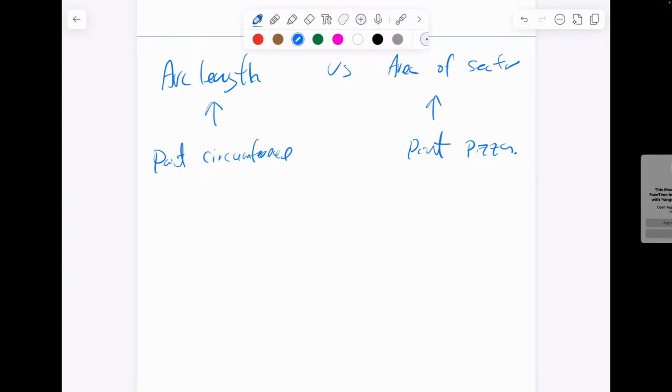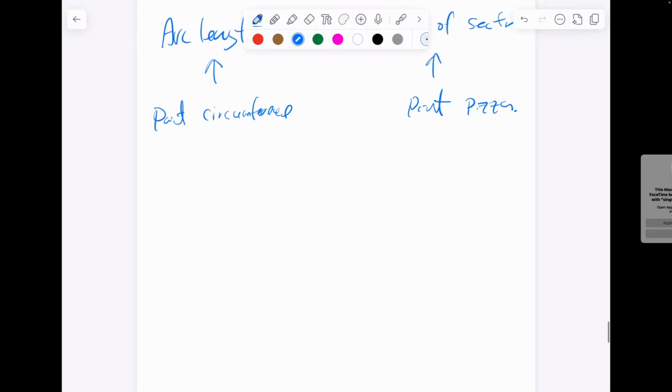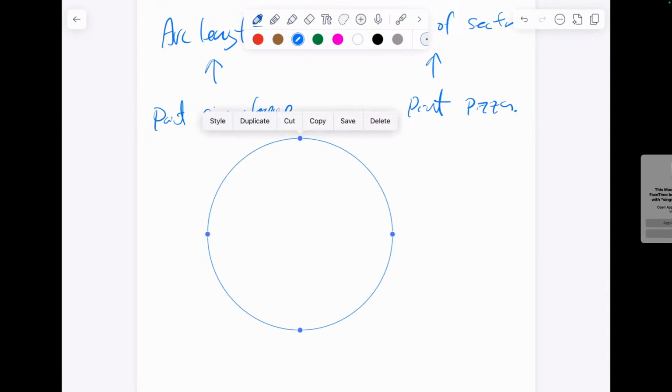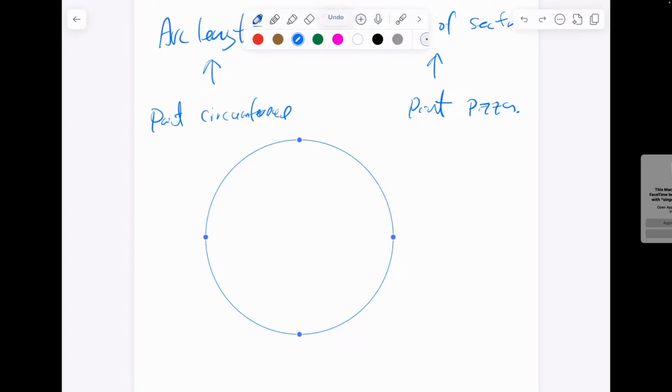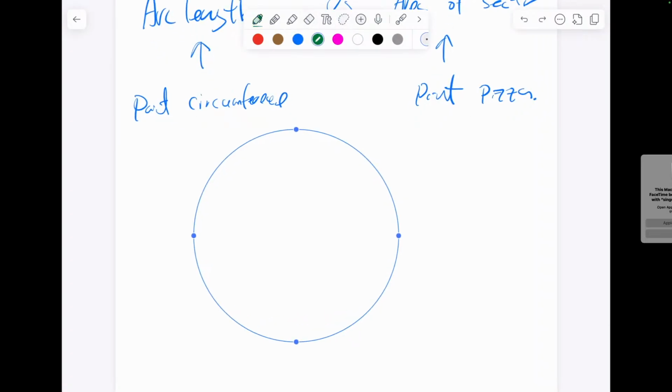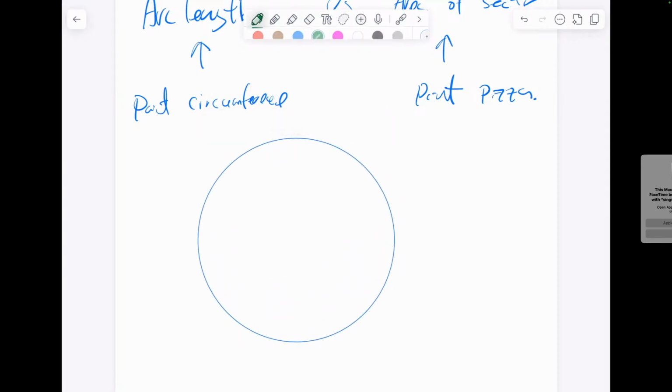So how do I find the area of a sector or arc length? For example, I give you a very, very big slice of pizza, okay? And the radius is 210 inches.